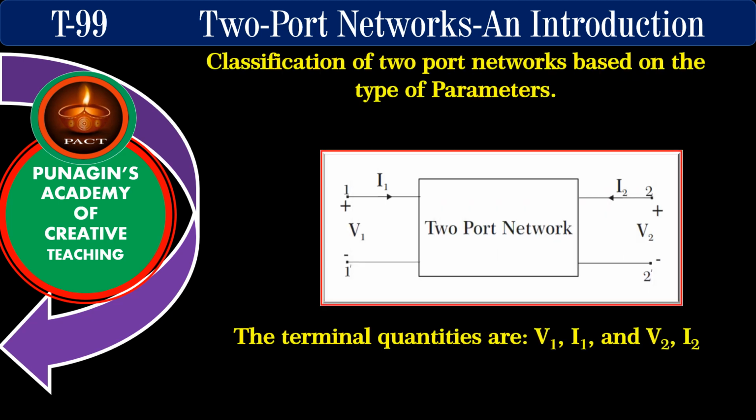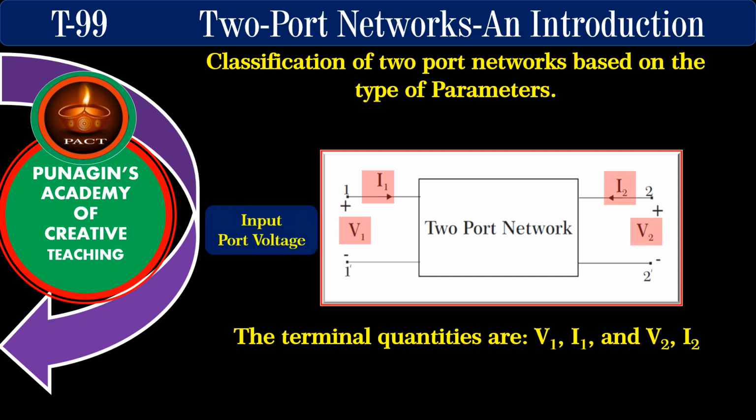Friends, now onwards we shall discuss the classification of two-port networks based on the type of parameters. And you know there are four terminal quantities V1, I1, V2 and I2. V1 is the input port voltage and I1 is the input port current.